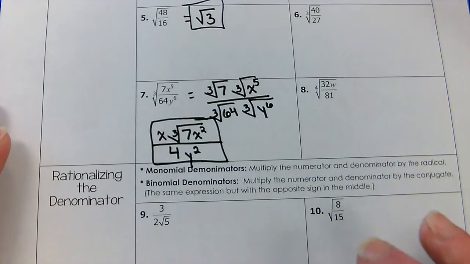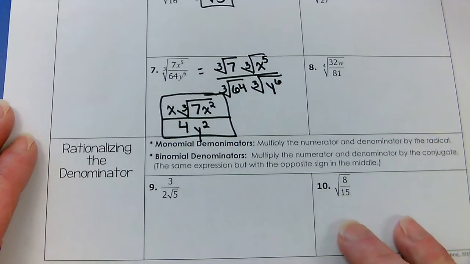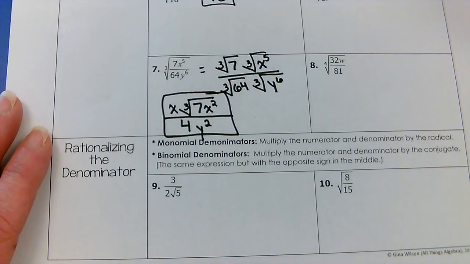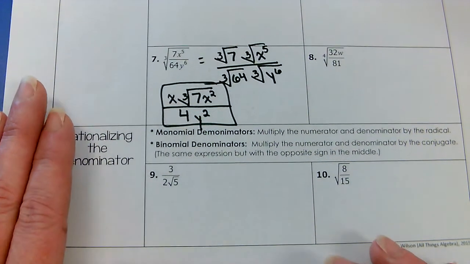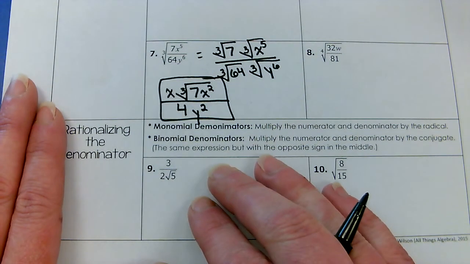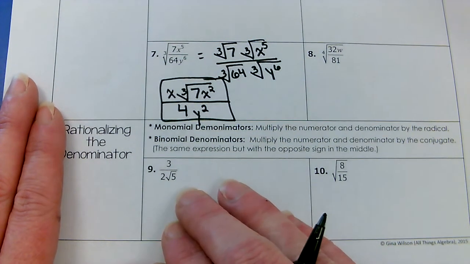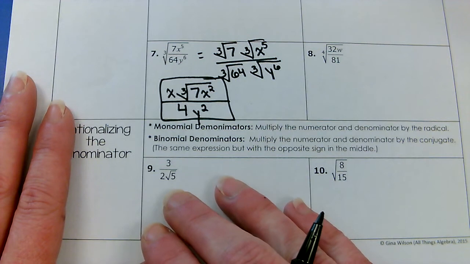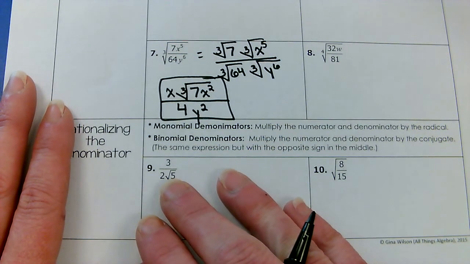Now, the next skill is called rationalizing the denominator. You should have seen this in geometry and possibly in Algebra 1. In traditional mathematics, back in the old days, we didn't have calculators that had square roots in them, and we had to look it up on tables.